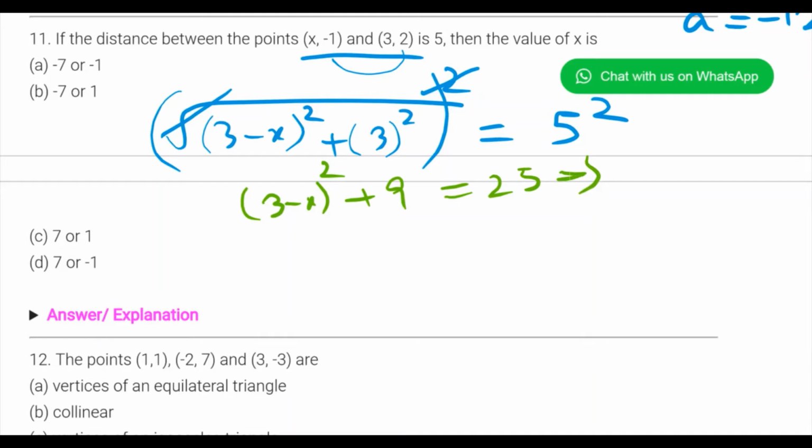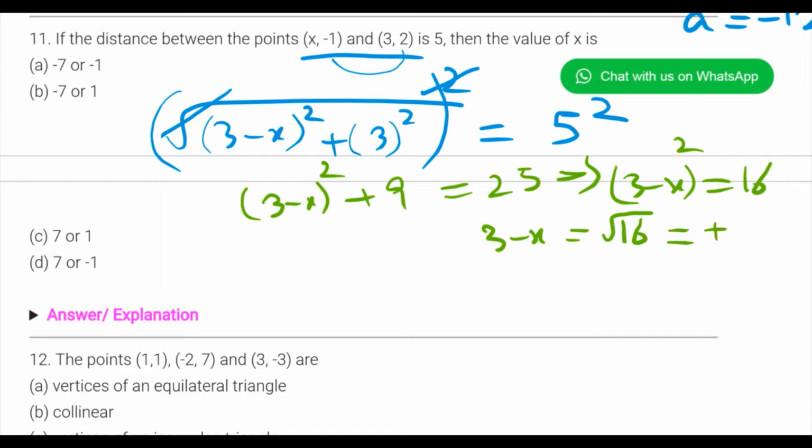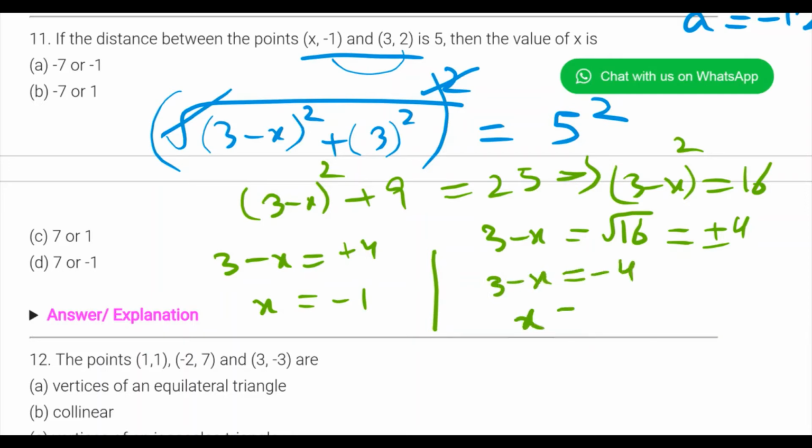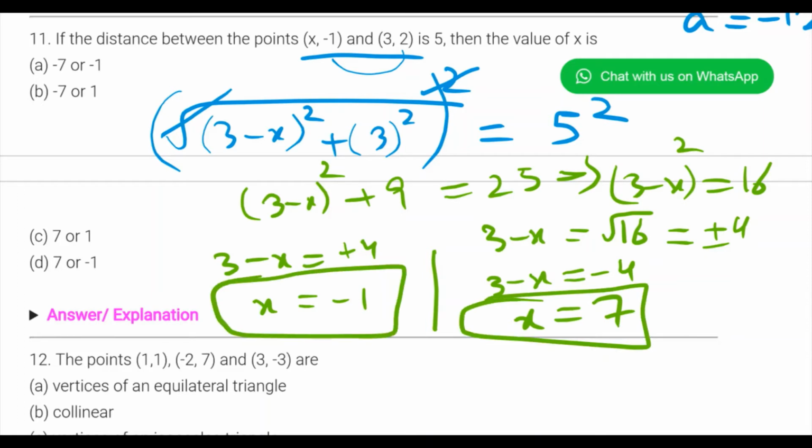That implies 3 minus x whole square equals 25 minus 9, which is 16. So 3 minus x equals root 16. Root 16 equals plus or minus 4. If 3 minus x equals plus 4, x will be minus 1. Or if 3 minus x equals minus 4, x will be 7. So the answer is 7 or minus 1. Option D.